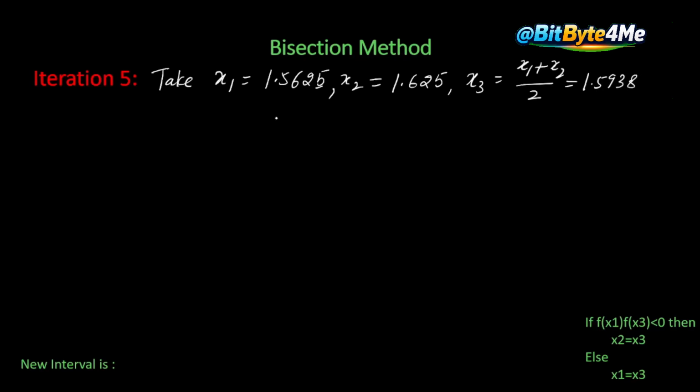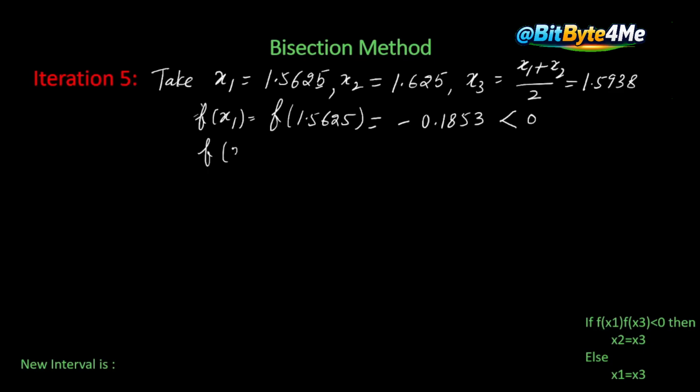1.5938. So this is the value of x3. So f of x1, that is f of 1.5625, this value we have calculated in the previous iteration, and it's equal to minus 0.1853, which is negative.